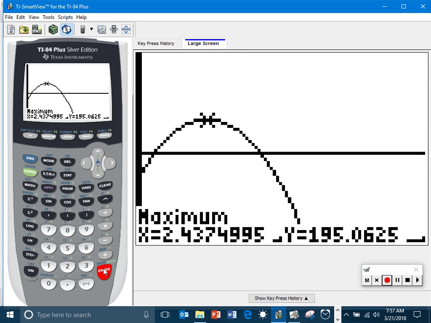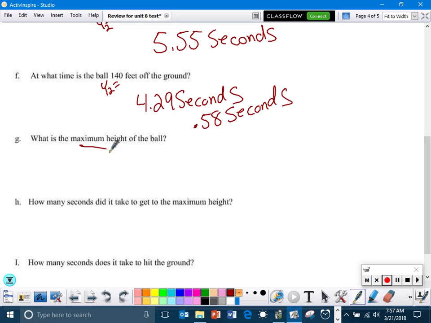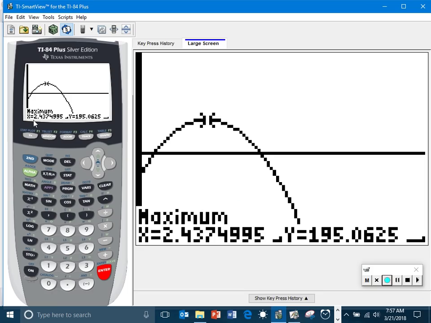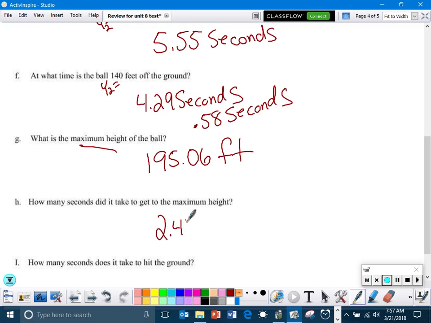And so the maximum height is 195.06 feet. How many seconds? Okay, that's the X value. So it took 2.44 seconds, round properly, 2.44 seconds for the ball to reach the maximum height.